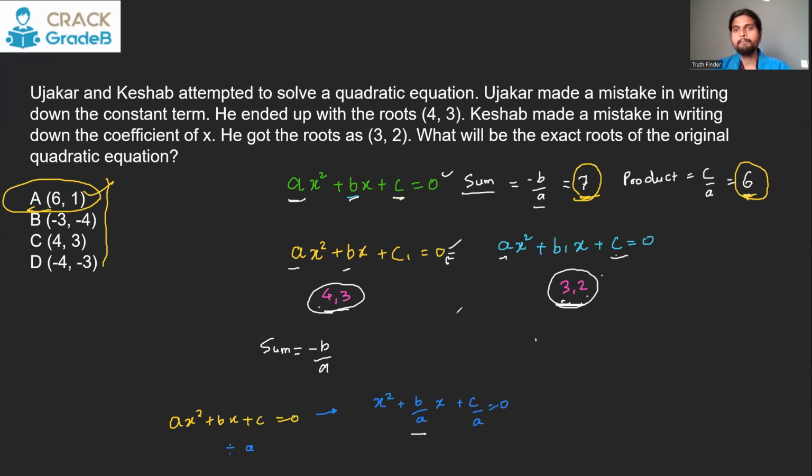And now we know minus b upon a is sum of roots. So b upon a will be minus of sum of roots. So we can say x square minus sum of roots into x plus c upon a, which is product of roots, plus product of roots. That should be equal to 0.